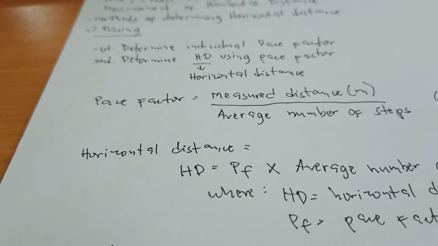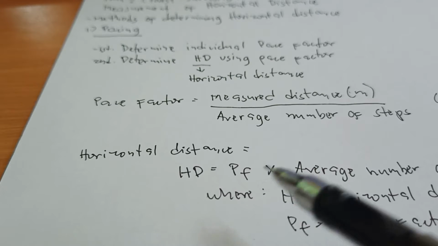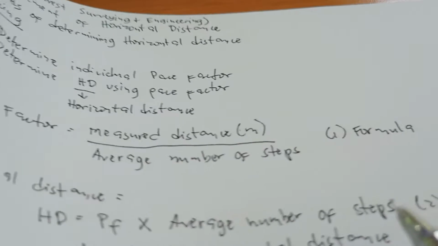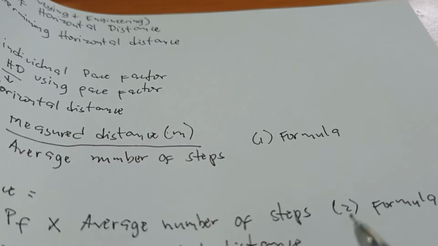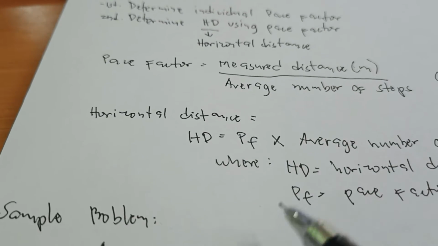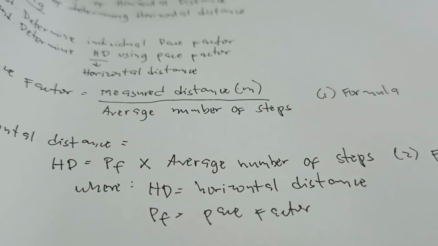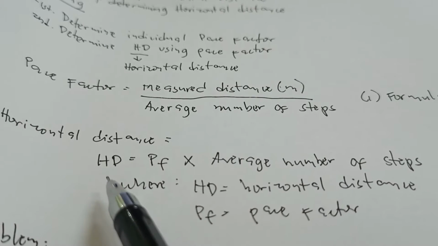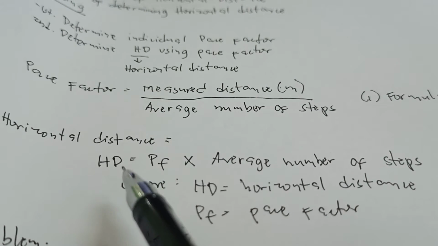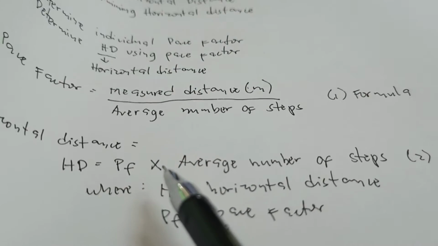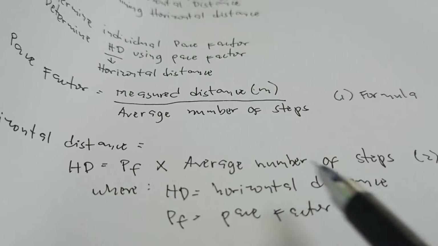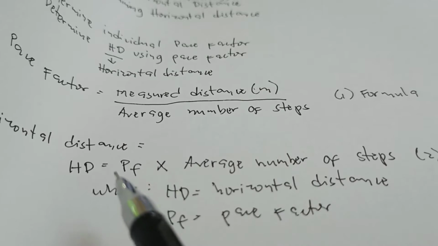The second formula is horizontal distance, HD, is equal to PF times the average number of steps. That is our second formula. So our HD, where HD is equal to horizontal distance, and PF is pace factor. Simple lang, no? So in order for you to get your horizontal distance, you need to have your pace factor and the average number of steps of an unknown distance in order for us to compute its length.